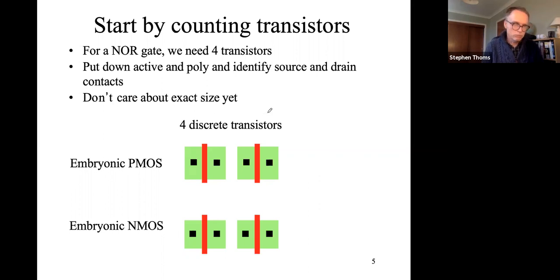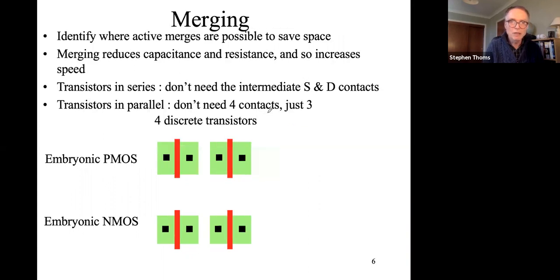At this point, I'm not worrying about the different size of everything. We just want basically how it's going to be there. So that's that, and we know that we need different implants for the PMOS and the NMOS and so on, but we're just starting with something fairly simple.